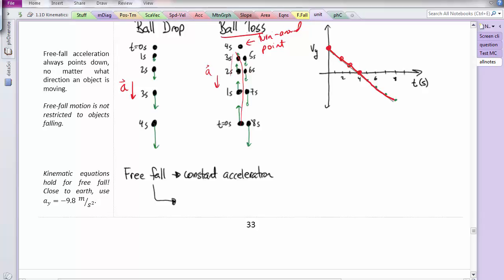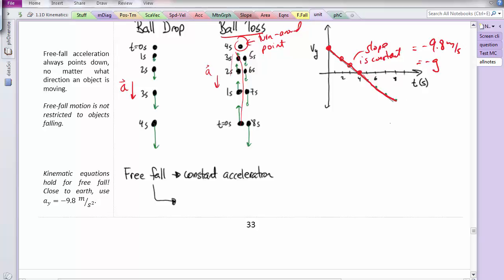At the very top, it would be zero velocity, and then it would be moving down with increasing negative velocity. So the slope is constant, and if we calculate it, it would equal negative 9.8 meters per second squared, or negative g.